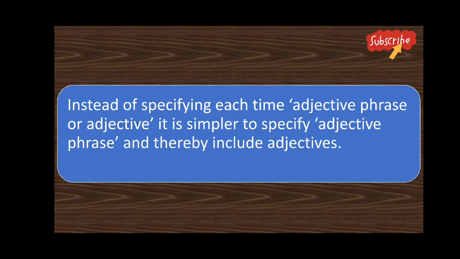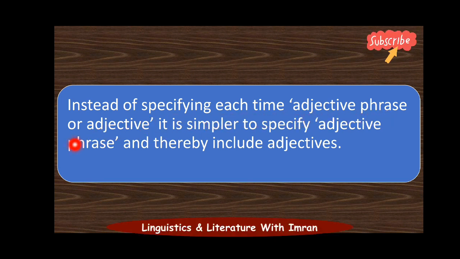Now, instead of specifying each time adjective phrase or adjective, it is simpler to specify adjective phrase and thereby include adjective. We can't say separately that this is an adjective or this is an adjective phrase.